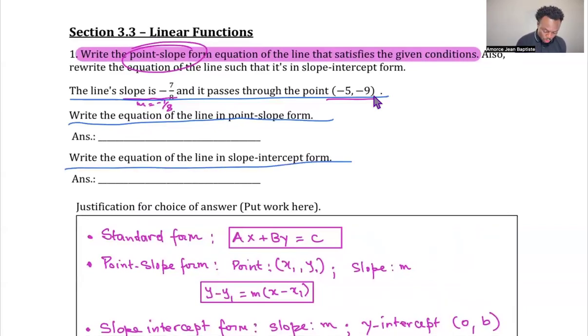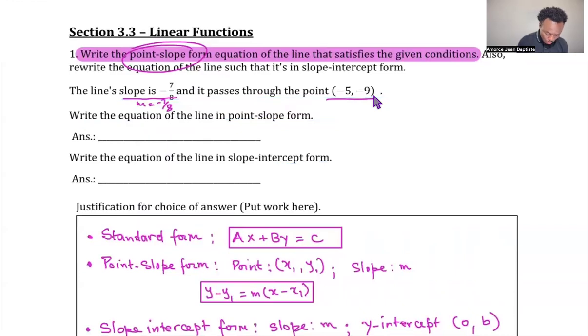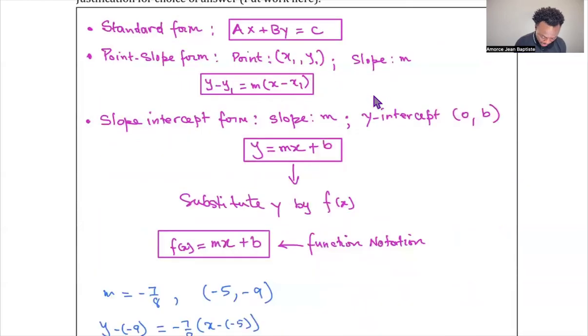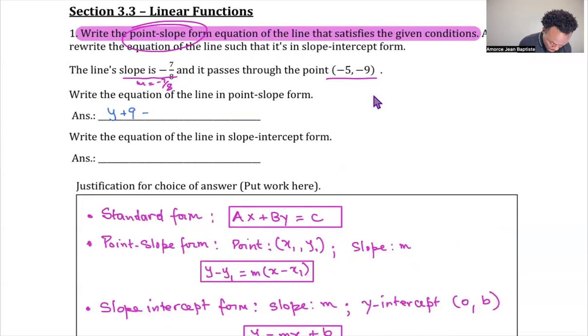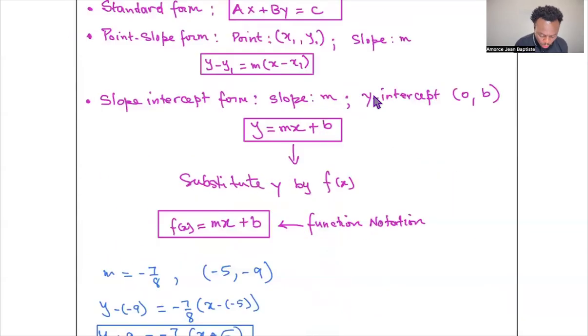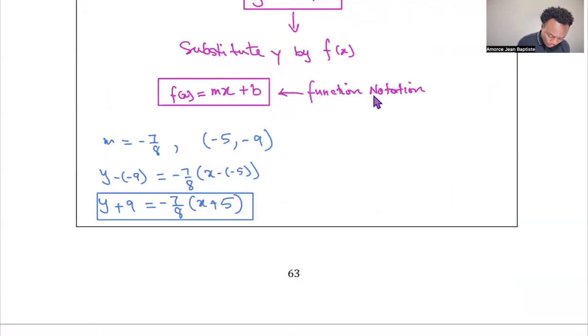So we're going to look for the slope intercept form here, but we do have the first one, which is y plus 9 equals -7/8 times x plus 5. Now, how do we find the slope intercept form after getting the point slope form?